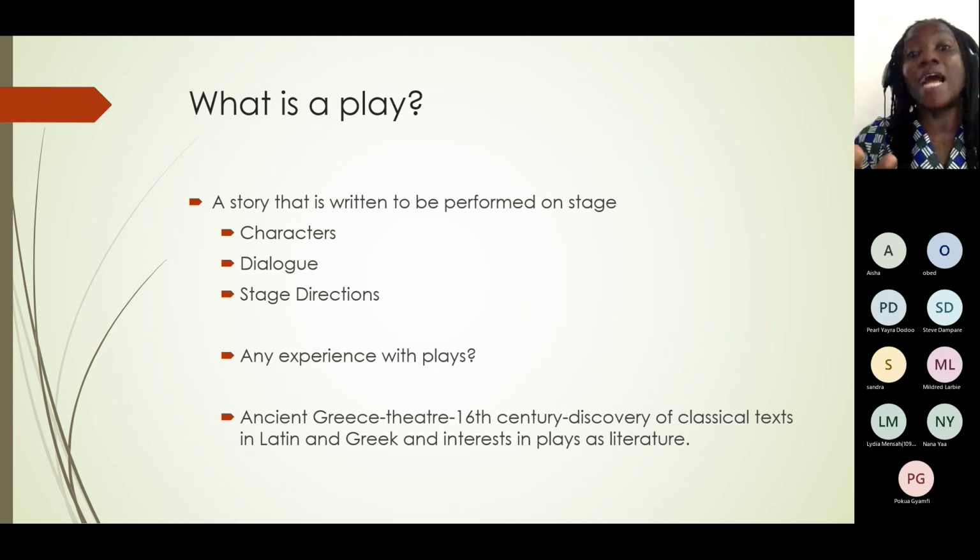They didn't actually buy them to read them. They enjoyed them in performance as part of a theatrical festival. But then, somewhere in the 16th century, people in Europe discovered these classical texts in Latin and Greek, and it sparked an interest in plays as literature because they wanted to learn the classics.